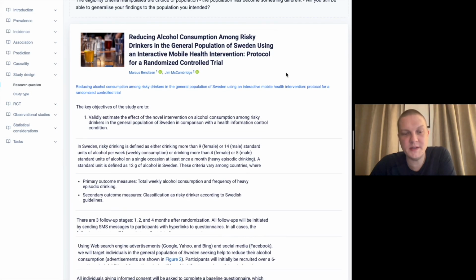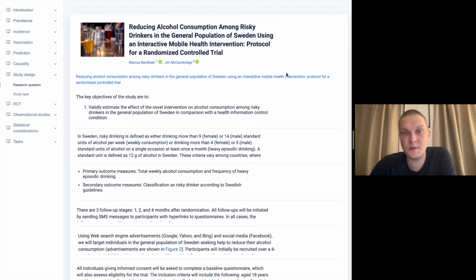Okay, so here is an example of just some cutouts from a protocol to give you an idea of what these considerations might boil down to in a study protocol. So this is a protocol for reducing alcohol consumption among risky drinkers in the general population of Sweden using an interactive mobile health intervention.